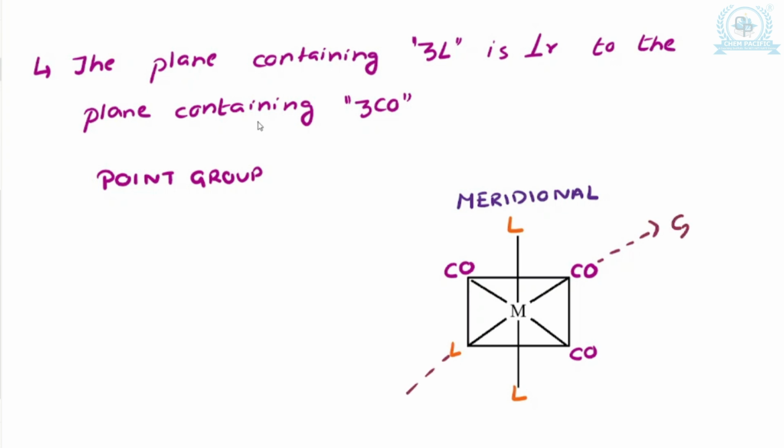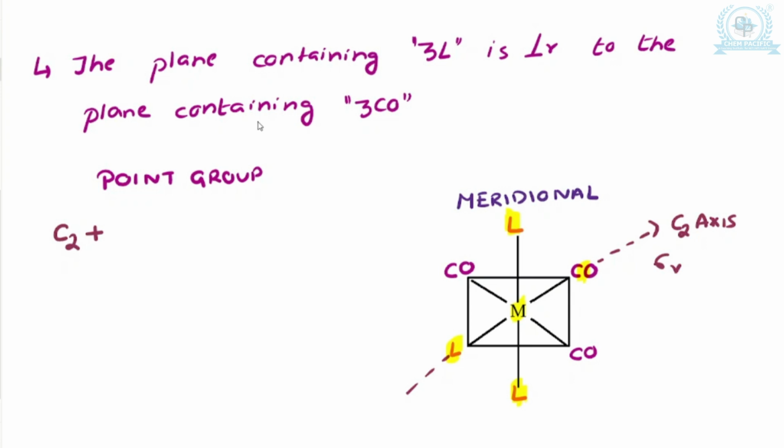You will find out one C2 axis which is diagonally passing through this. ठीक है? So now you are having the C2 axis as a principal axis. This C2 axis will be containing one plane, will be containing one sigma V plane containing the atoms this and this and this.